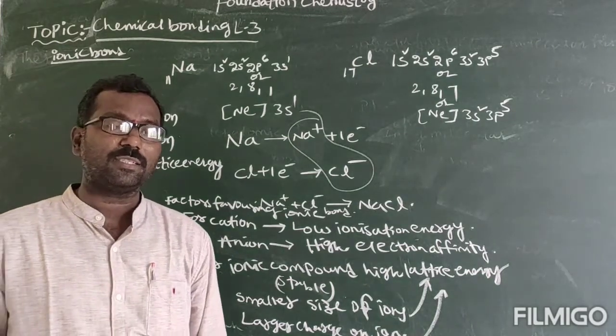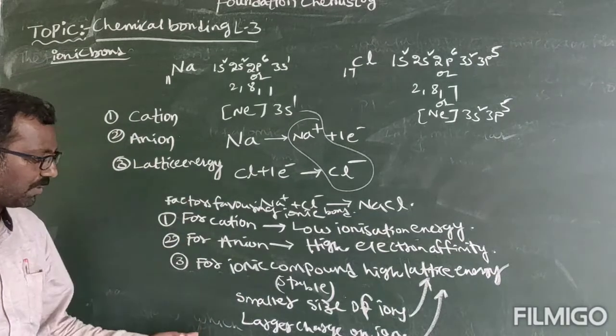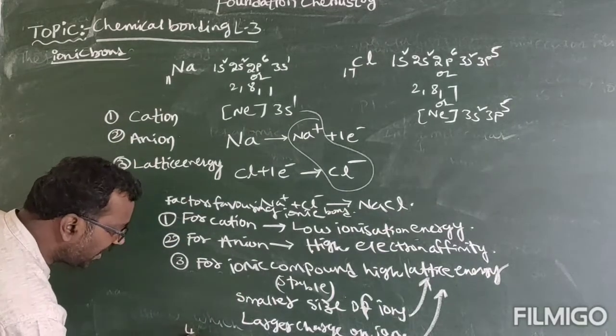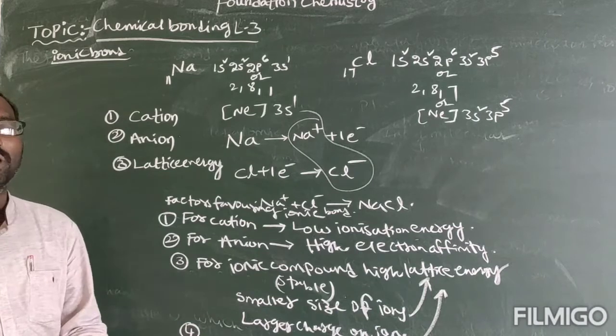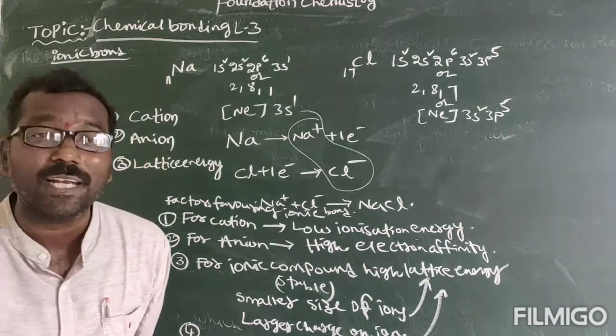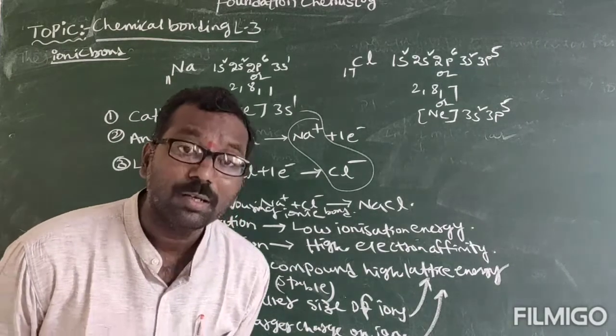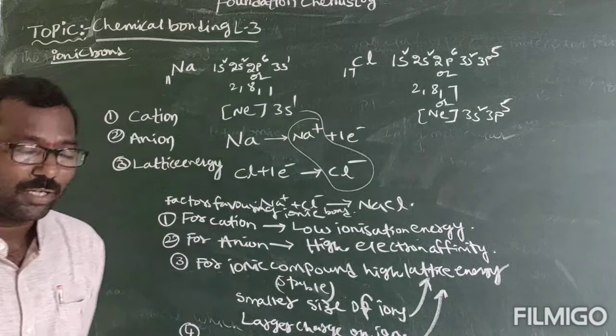The next point we want to discuss is the factors theory. And there is another one which we have left. That is the electronegativity difference, which should be at least 1.9. Then only they can form the ionic bond.